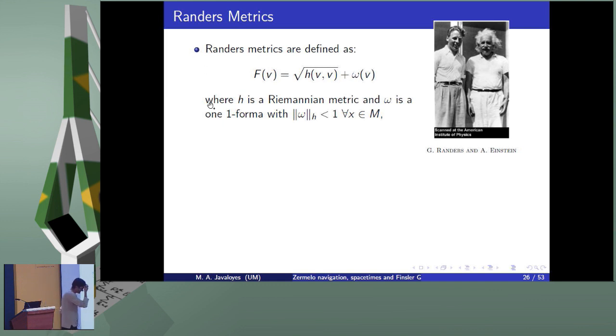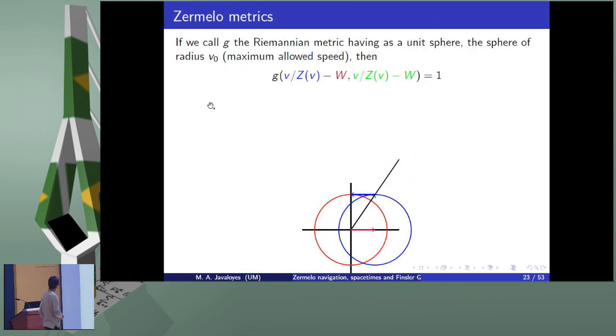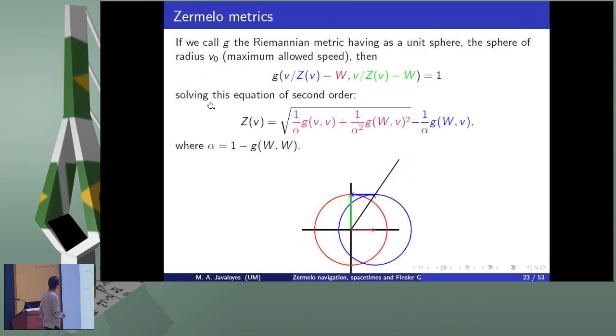So, well, the next thing I want to tell you about is Randers metrics, which, as I told you before, the Zermelo metric is of the form square root of a Riemannian metric, square root of something, plus a one form. We can see again the expression of the Zermelo metric is this one, and this is the square root of a Riemannian metric plus a one form.